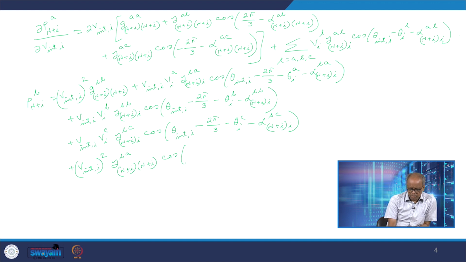It would be now the angle for phase B minus the angle for phase A, so it would be minus 2 pi by 3 minus alpha n plus I B A.